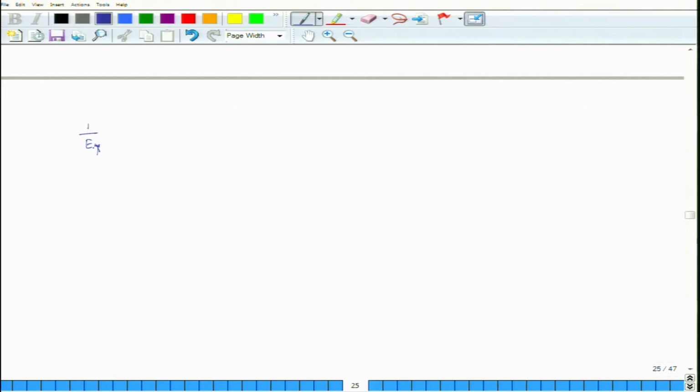So 1 over Ey equals sin 4 theta over El plus cosine 4 theta over Et plus 1 over 4 times 1 over Glt minus 2 NuLt divided by El, times sin square 2 theta.